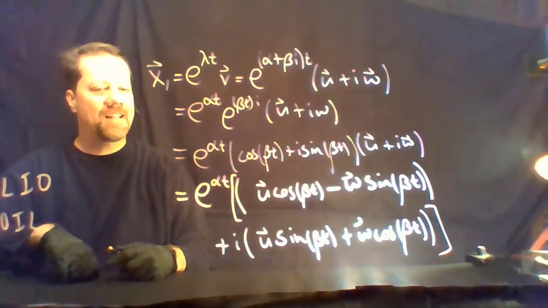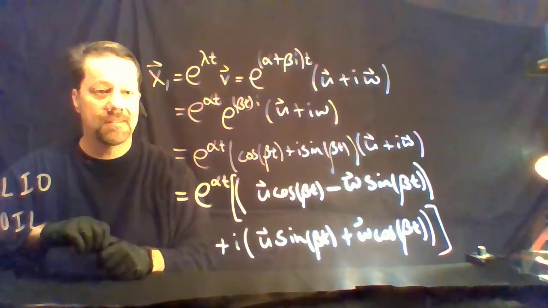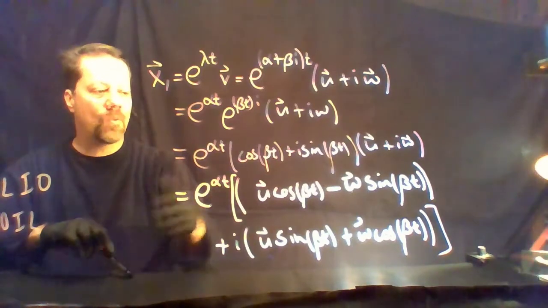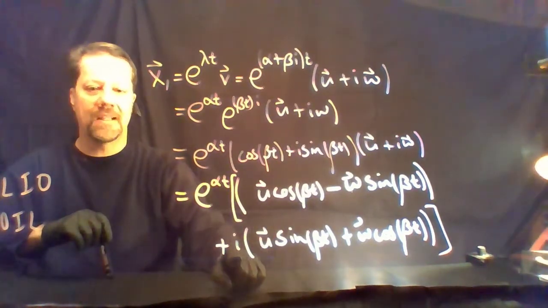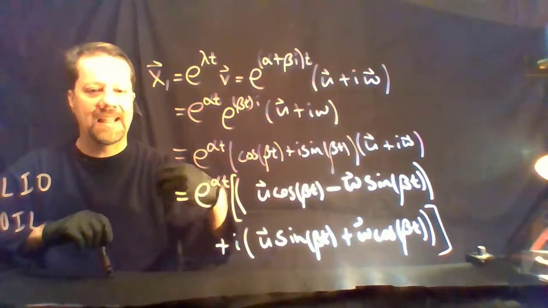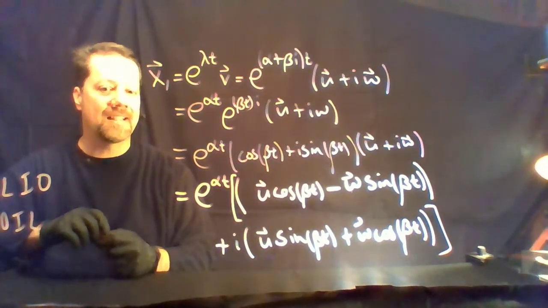Now we've played this game before. You might anticipate how this is going to work out. So far, this gives us one solution. It's good, except it's complex valued. We need a real valued solution, but we can get another solution very easily.